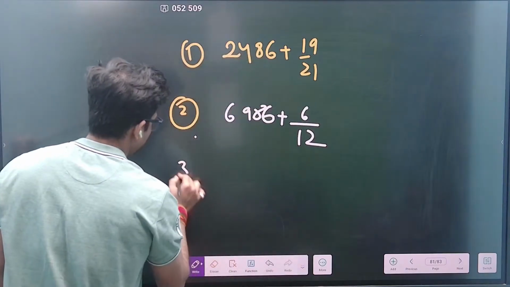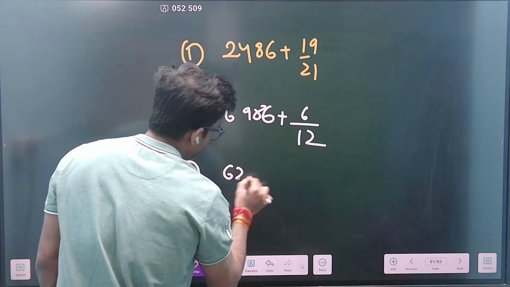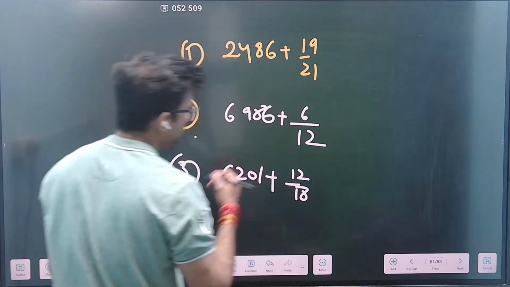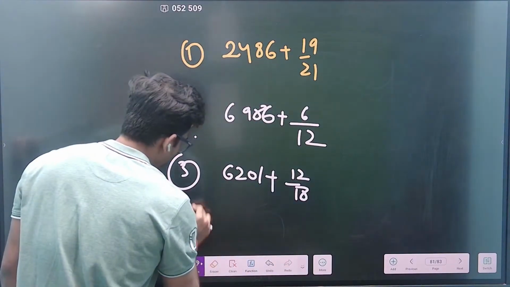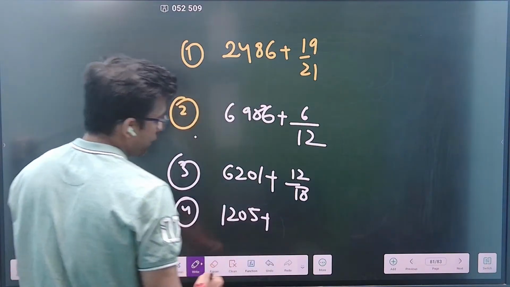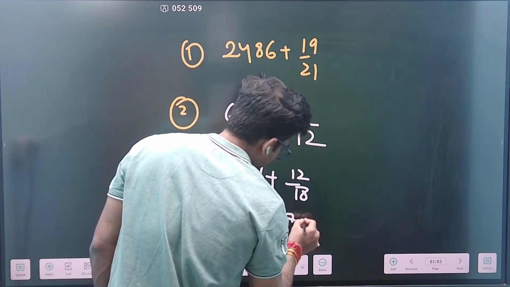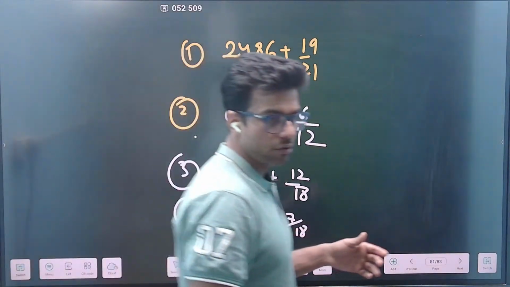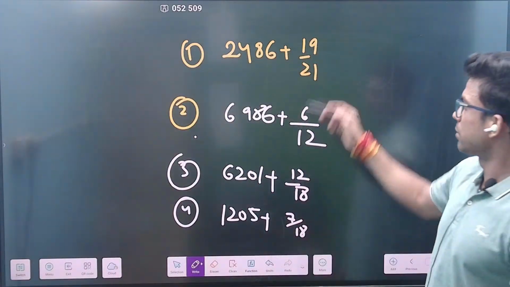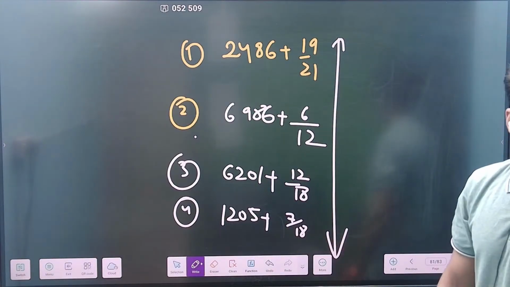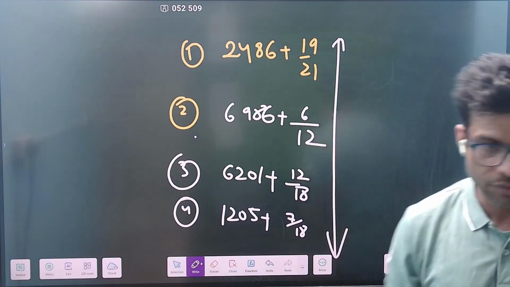Third problem: 6201 plus 12 by 18. Fourth problem is 1205 plus, I would say, 7 by 18. So guys, if everyone has got the concept, please do solve the questions. And do comment in the comment section that you're getting it.